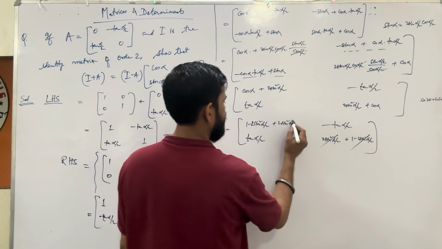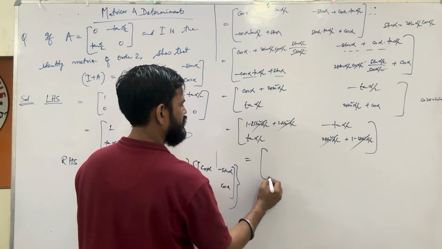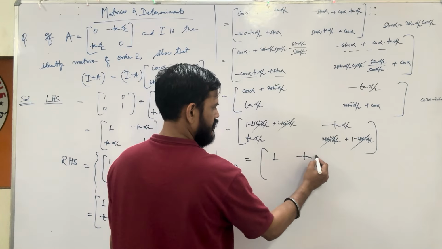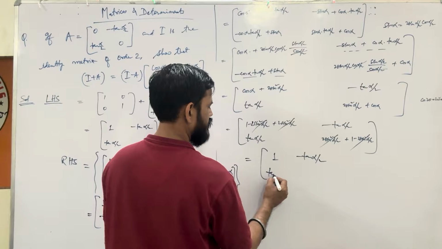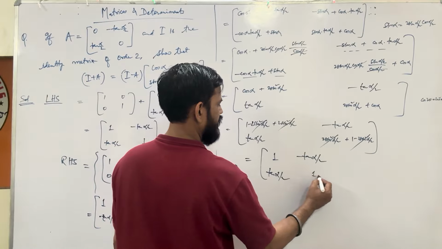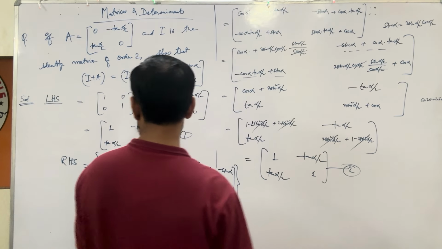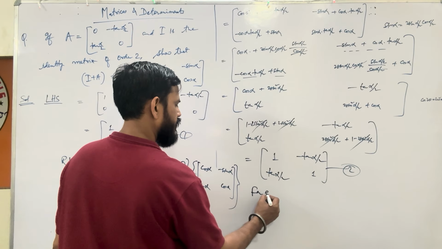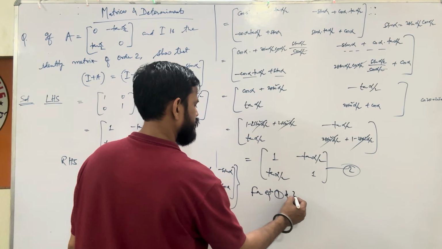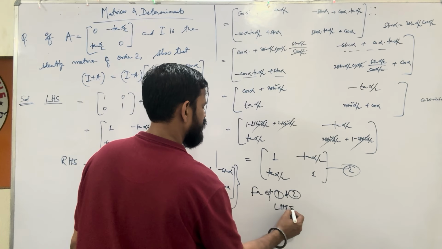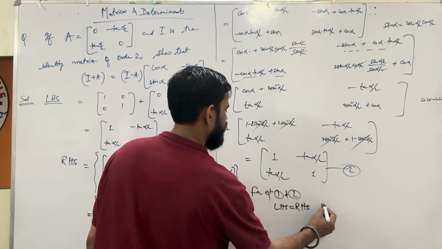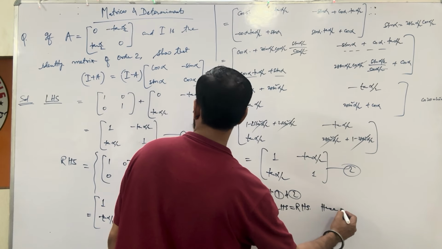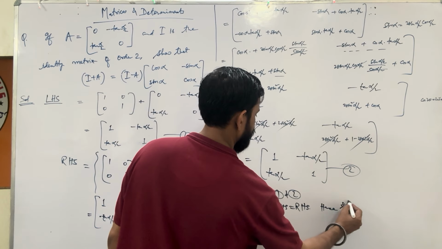So this gets cancelled, and we are left with 1 minus tan alpha by 2, tan alpha by 2, 1. So you see, from equation 1 and 2, we can say left hand side is equal to right hand side, hence proved.